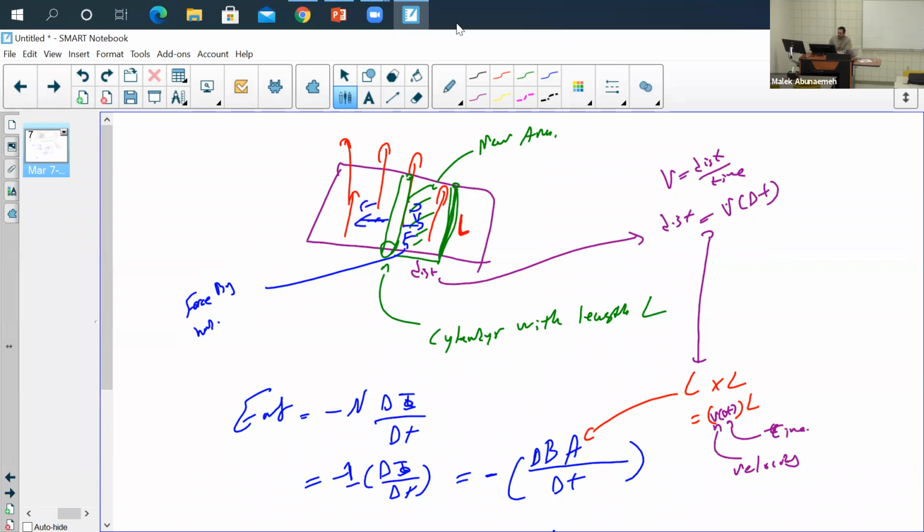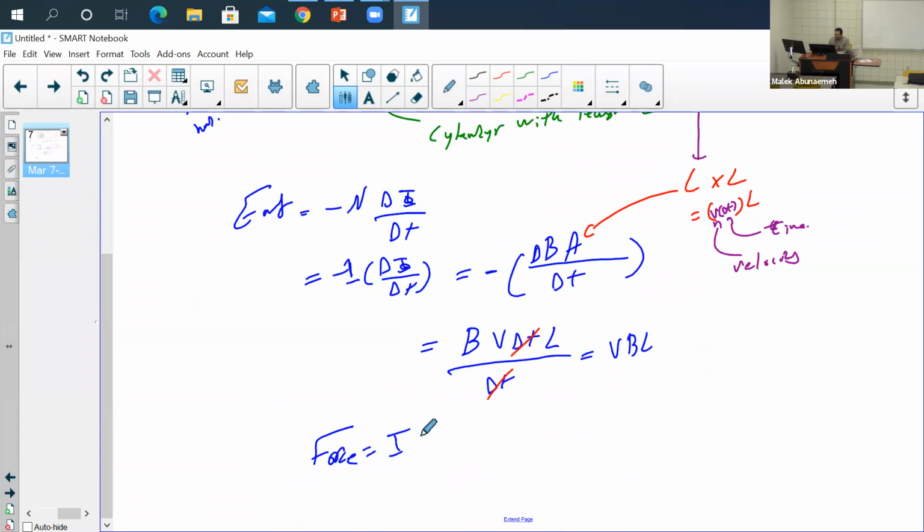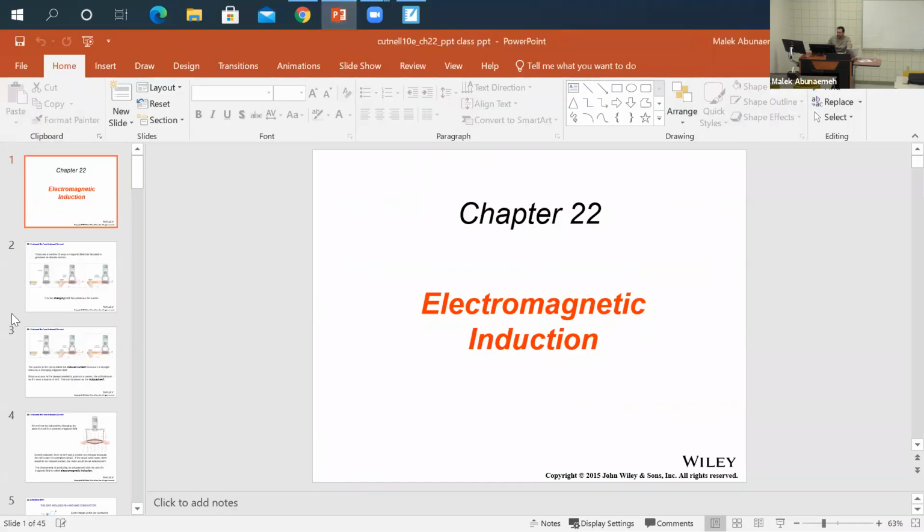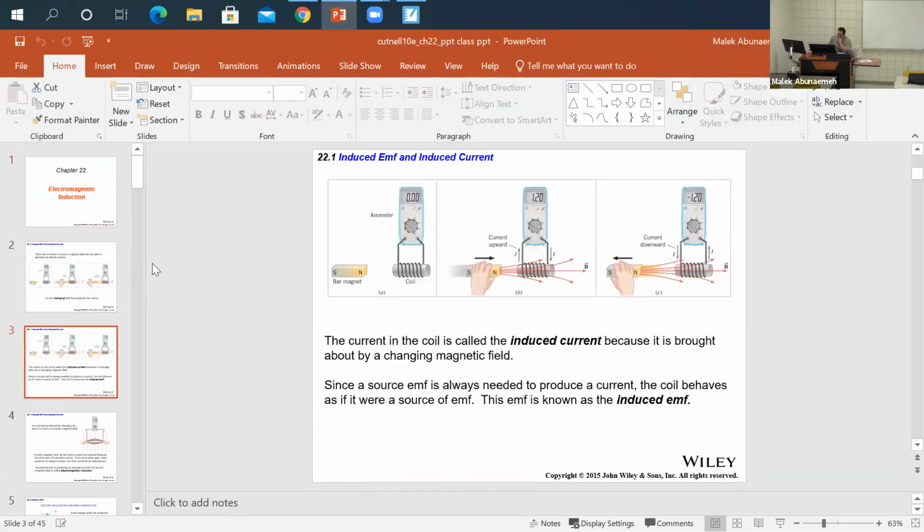So your force is going to equal to your current multiplied by the length multiplied by your magnetic field. And this is what we talked about.